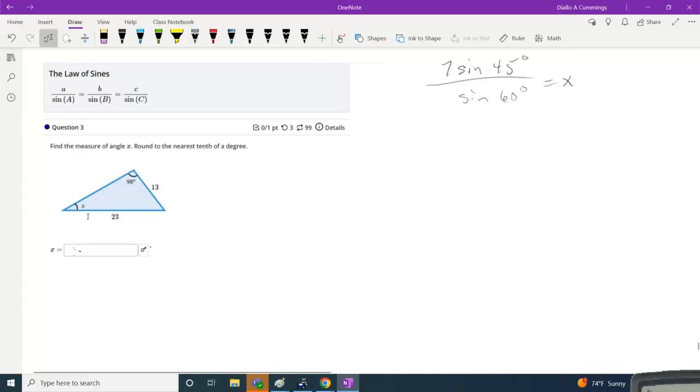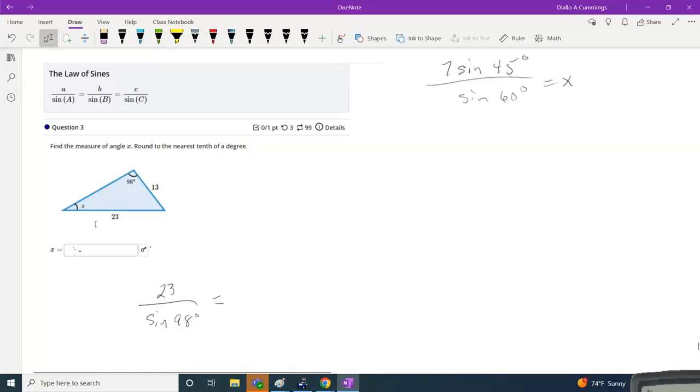do know that for my side length of 23, I can divide that by the sine of its opposite angle, which is 98 degrees. And I can set that equal to, right?